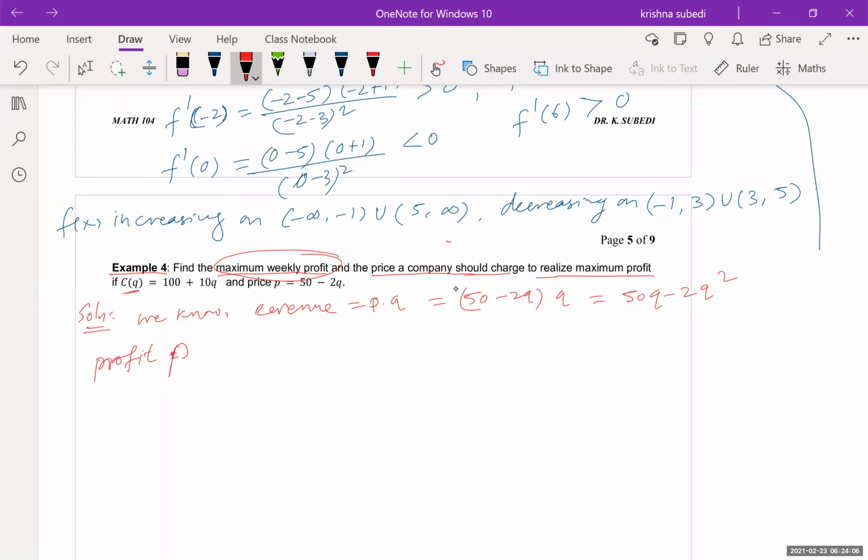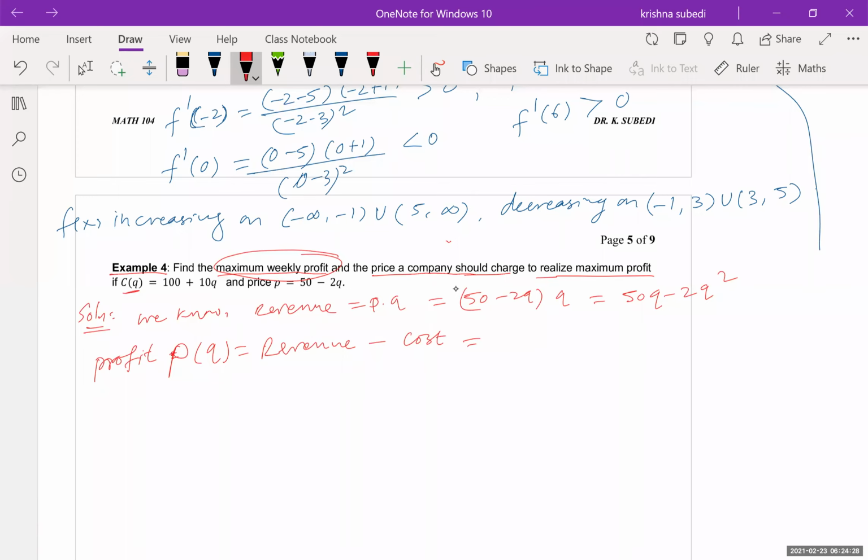So the profit P of q is revenue minus cost. Revenue minus cost.